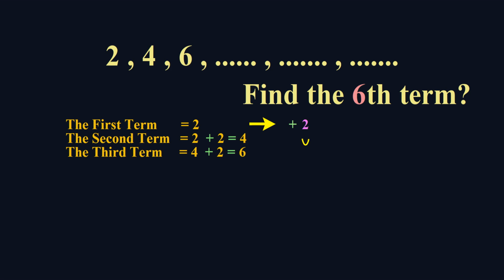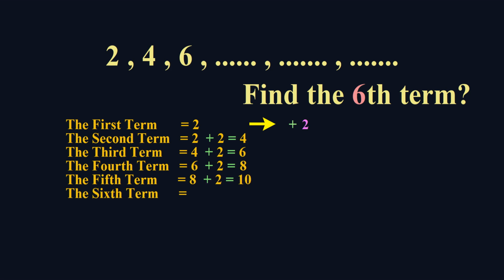And so on. We can get the fourth term by adding 2 to the third term. So the fourth term is equal to 6 plus 2, which equals 8. And the fifth term is equal to 8 plus 2, which equals 10.